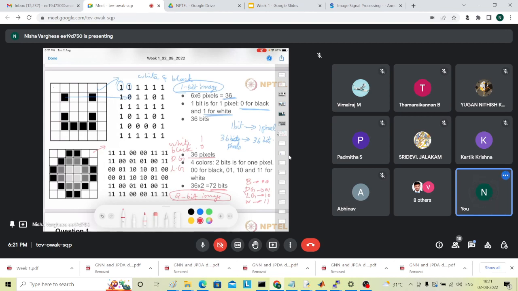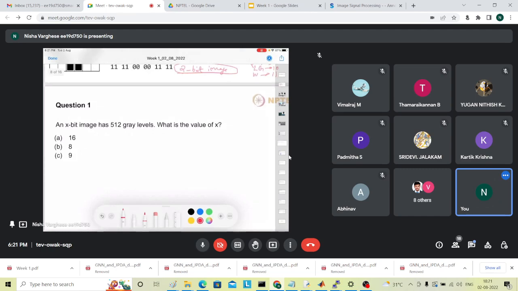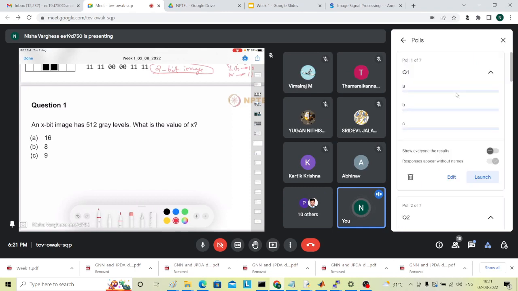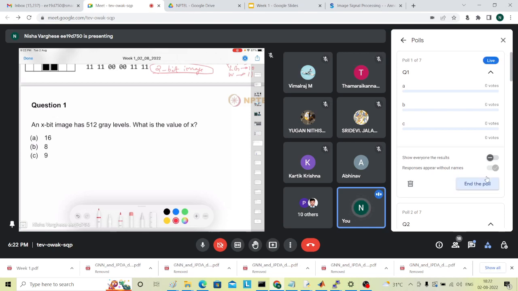Okay. So, I'll go through one question. You can answer it using poll. So if you are using laptop, you can just go through that right bottom corner, activities tab. There you can see poll. So I have launched the poll.